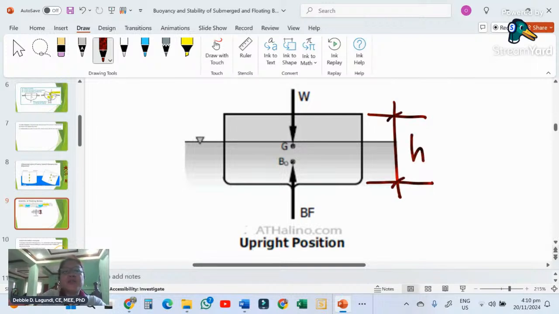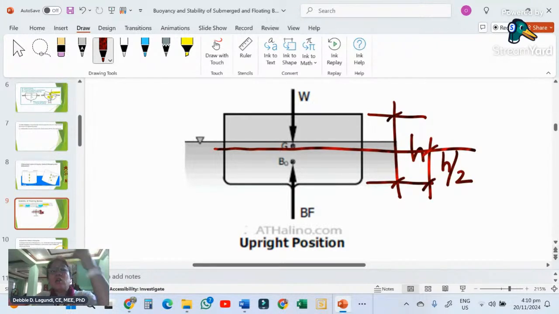If you divide this height h by 2 from the bottom, that is the location of the G, referenced from the bottom of the body.